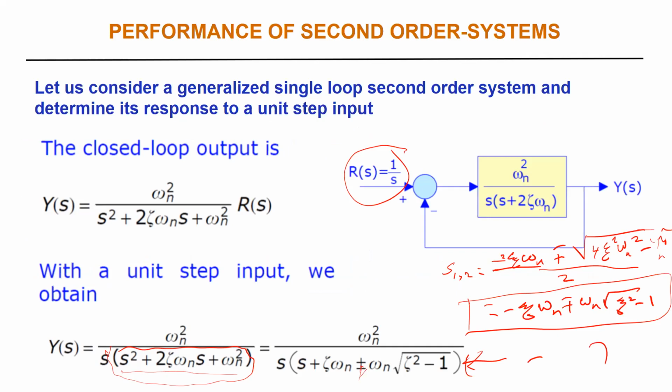Usually, if you have oscillation, the damping factor is how fast the oscillation diminishes and the response goes to zero. So damping is how much I can damp my oscillation and bring it to a certain steady state value. And omega n is the oscillation.